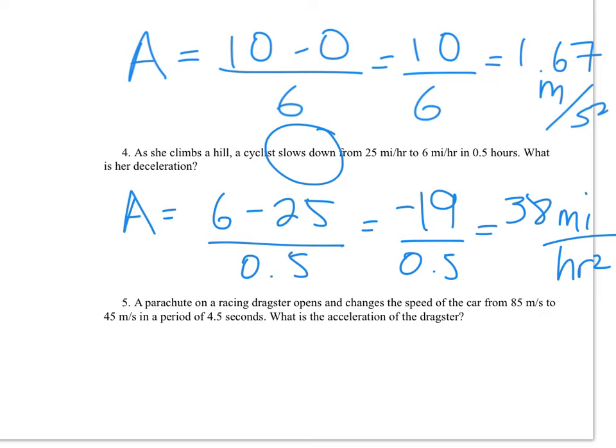So again, just to remind you, we have final velocity minus initial velocity. So we have 6 minus 25 because the cyclist slows down from 25, which is the initial velocity, to 6, which is the final velocity.